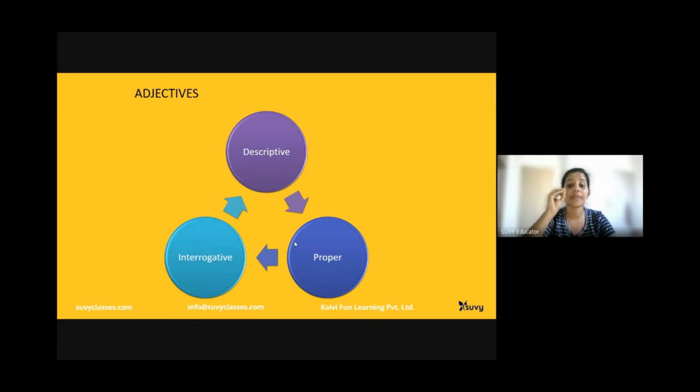So, for example, as I said, India. India is a proper noun. So, when I use that word as an adjective to describe another noun, then it becomes a proper adjective. For example, that Indian man is going to the mall.